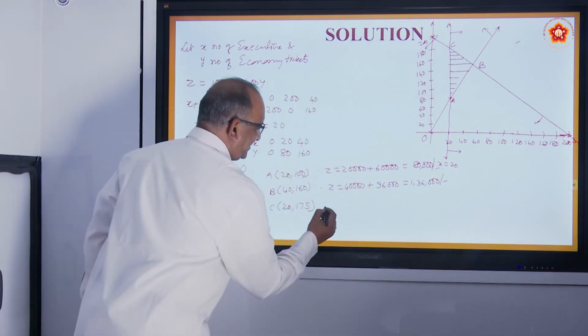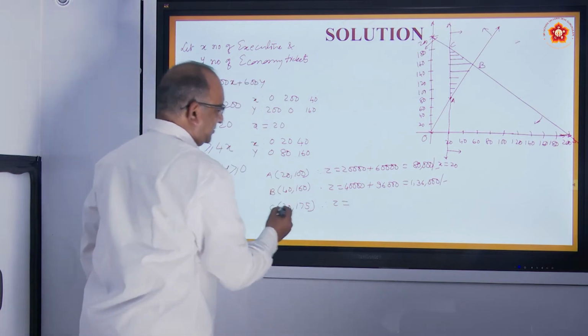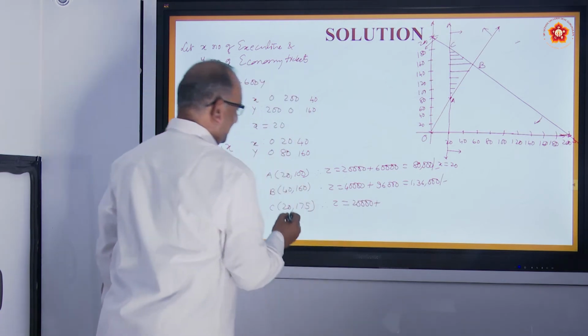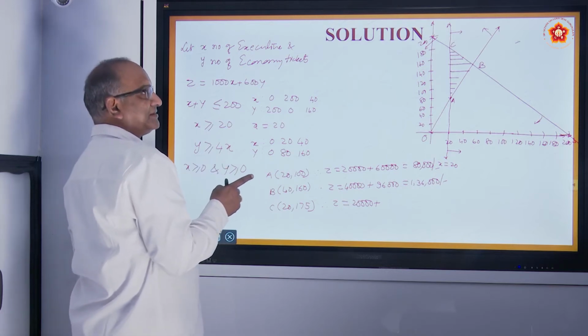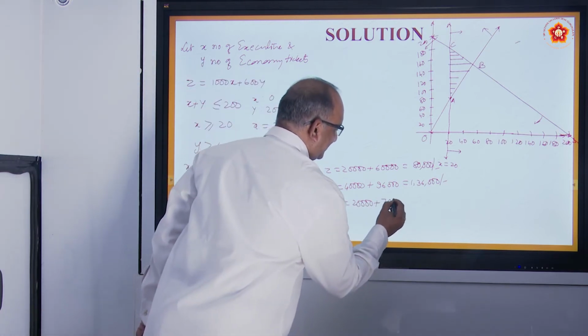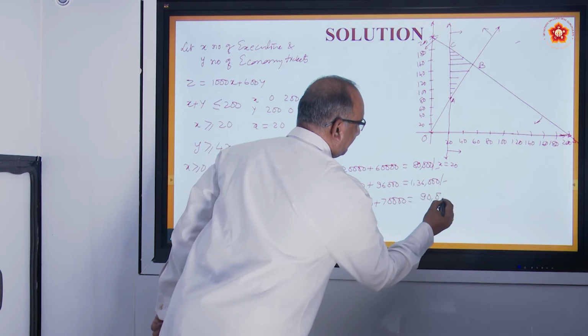Finally, in the last case, Z is equal to 1000 into 20, 20,000 plus 175 into 600. 175 into 2 is 350, 350 into 2, 700. So it will come to 70,000. So the total is 90,000.